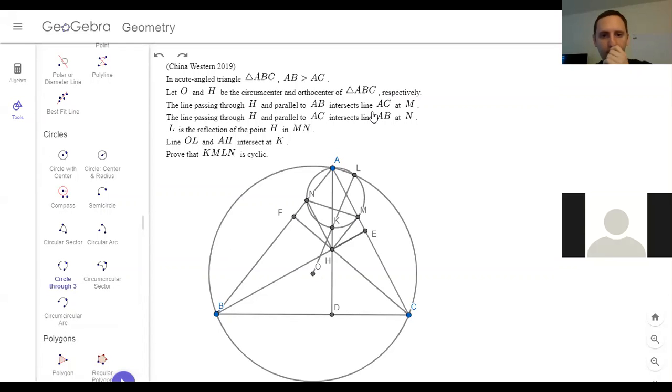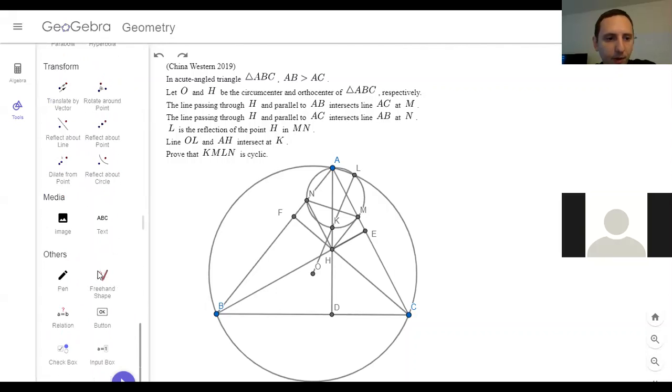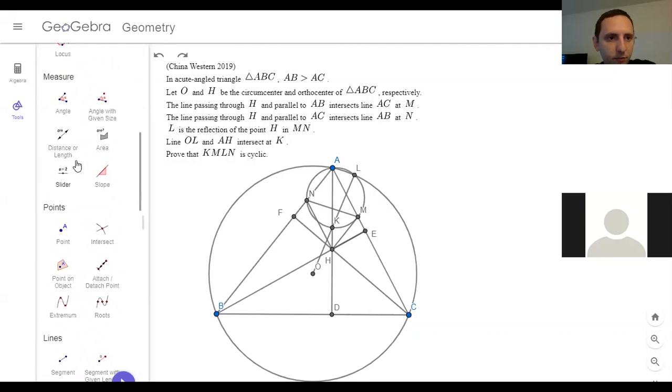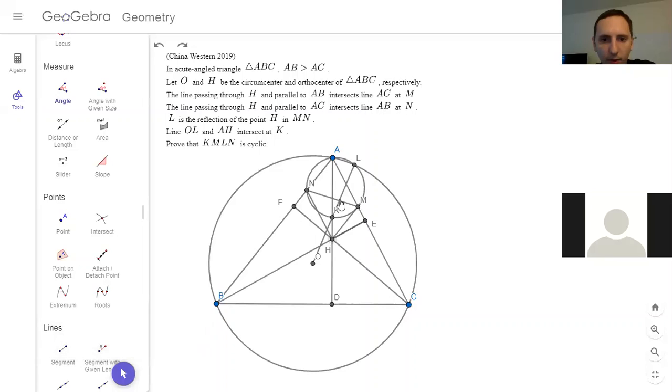Are you sure HMN is similar to ABC? Let me check. Angle HMN is 67.8, ACB is 61.4. So that's not true, HMN isn't necessarily similar to ABC. Sorry about that.